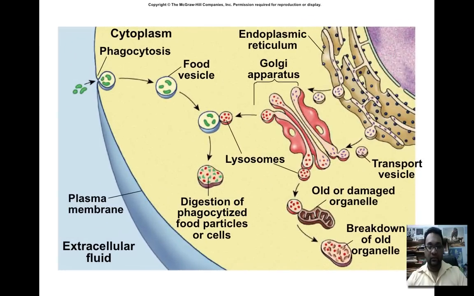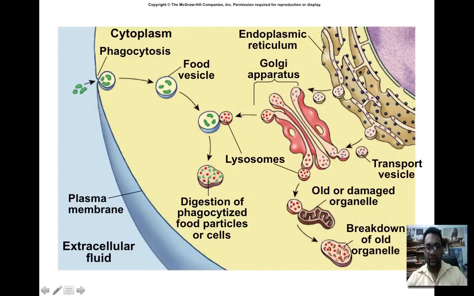Alright, so the job of the lysosomes now. So again, the same process. The lysosome is a single-membrane organelle that contains digestive enzymes such as lipases, nucleases, proteases. They will be initially formed by the rough ER.